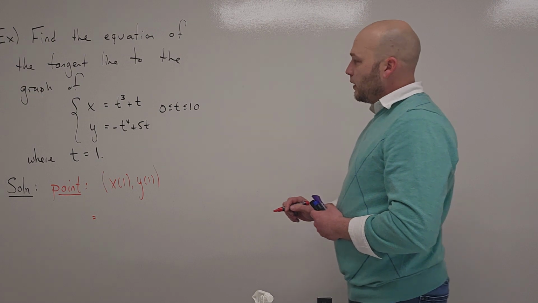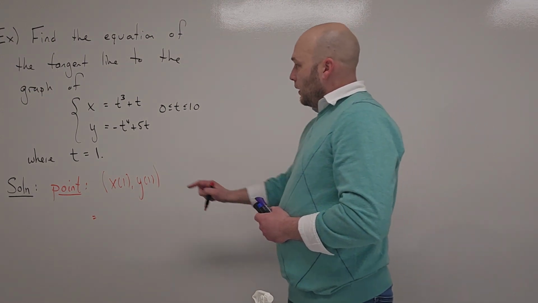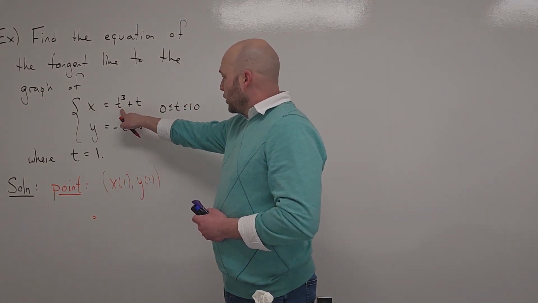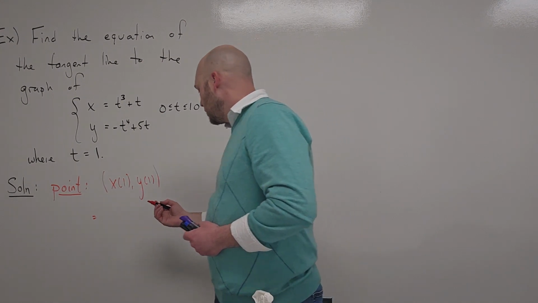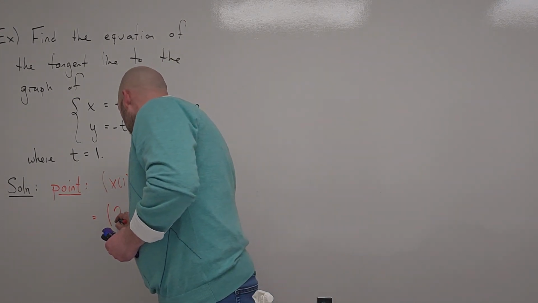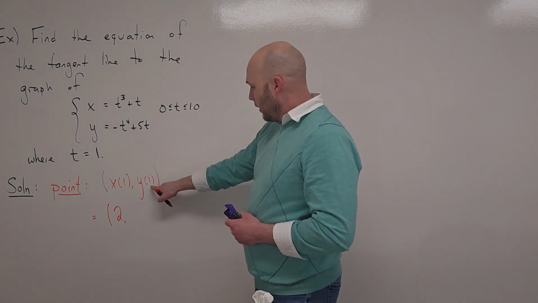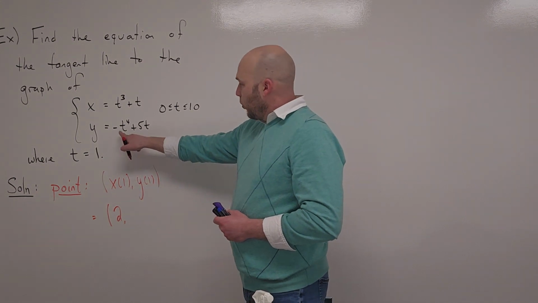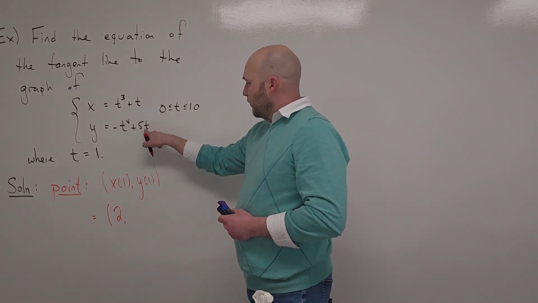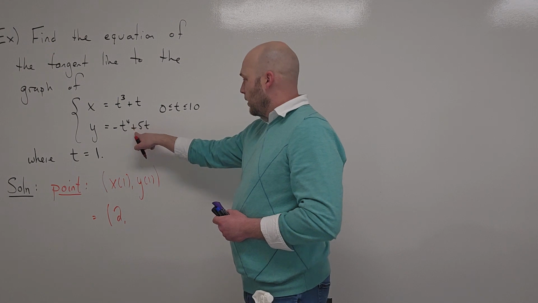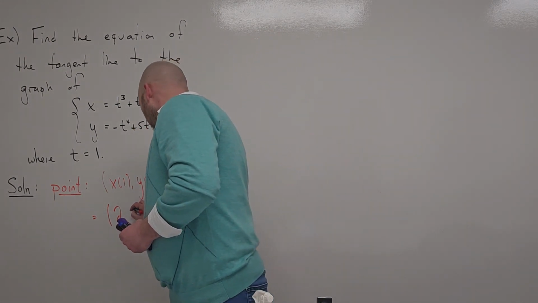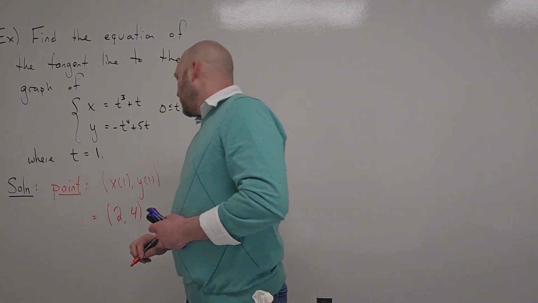So when I plug 1 into the coordinate function for x, that'd be 1 cubed plus 1, which would be 2. And when I plug 1 into the y-coordinate, that'd be negative 1 to the 4th plus 5 times 1, so negative 1 plus 5 would be 4. So my point of tangency would be (2, 4).